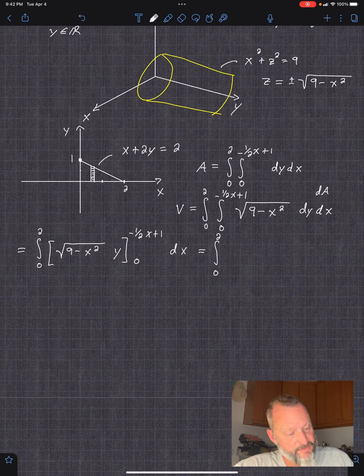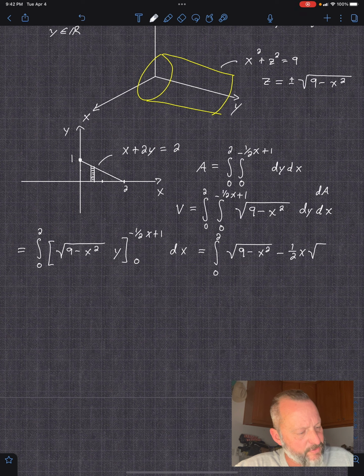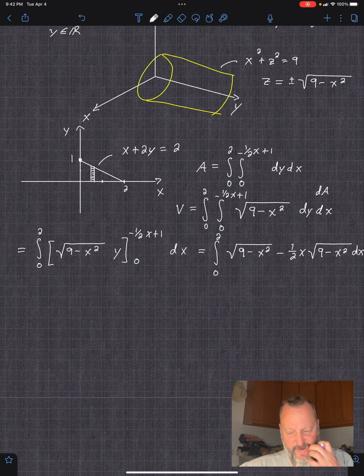So you get, and then you're going to subtract them. So it's the square root. I did a little work on this, so just see if it makes sense. 9 minus x squared minus 1/2 x square root of 9 minus x squared dx. And now you're down to just integration.